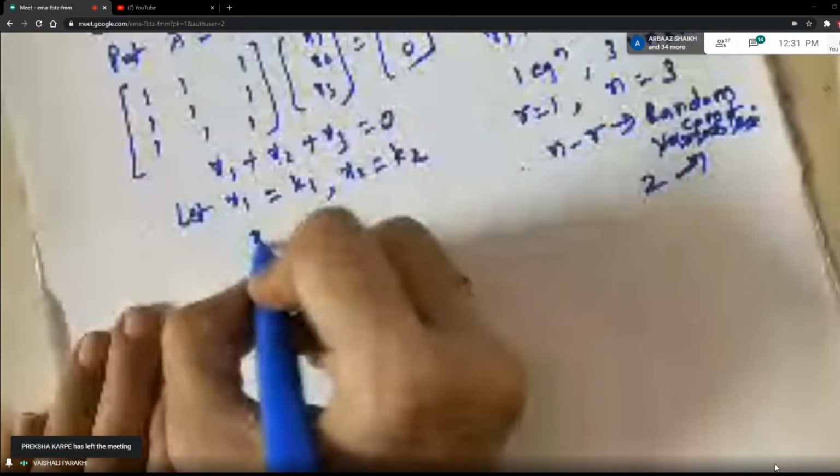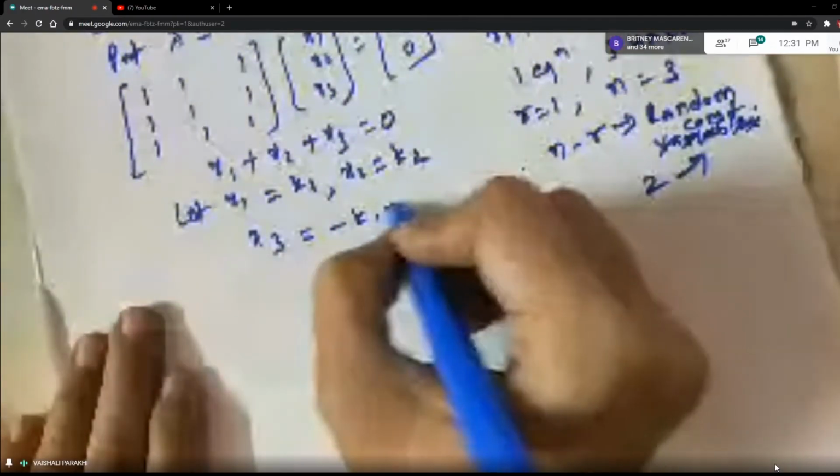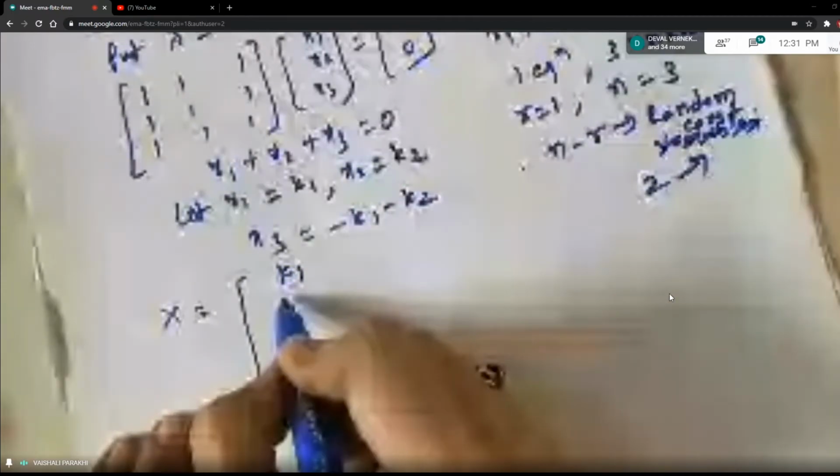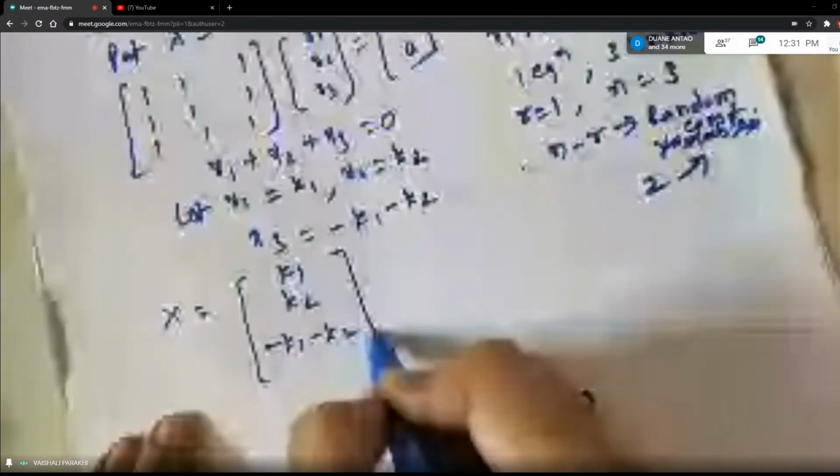So what will be x3 here, students? x3 will be minus K1 minus K2, correct? So in short, what will be your eigenvector here? x1 is K1, x2 is K2 and x3 is minus K1 minus K2.